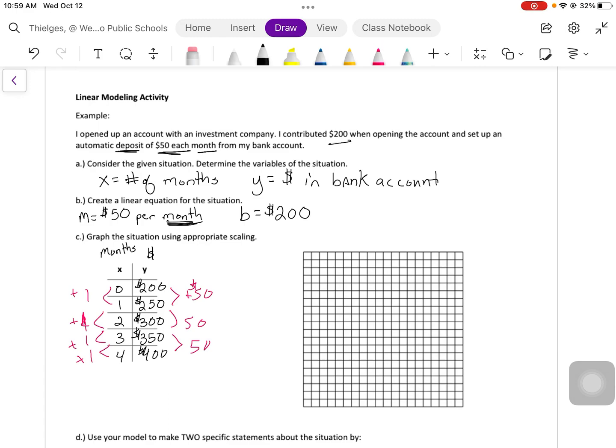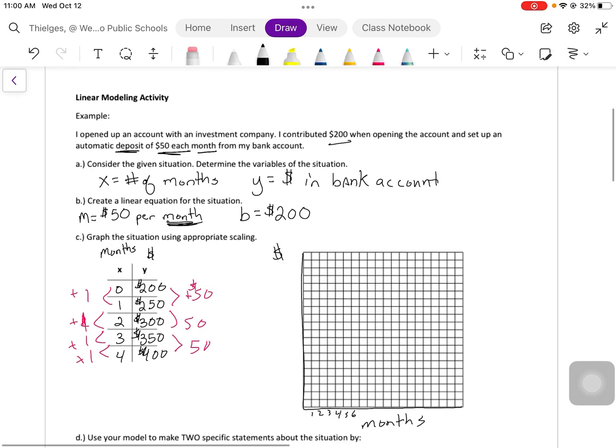Okay, now on my graph, you can scale them depending on what your numbers are. I'm dealing with 200s. So on the y-axis, I'm going to have dollars. On the x-axis, I'm going to have months, so like 1, 2, 3, 4, 5, 6, and so on. On my y-axis, I'm going to put the dollar amount.